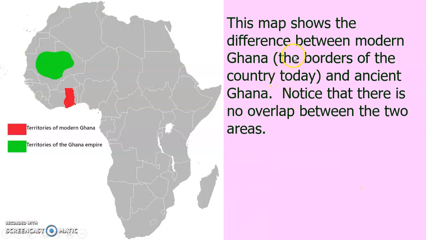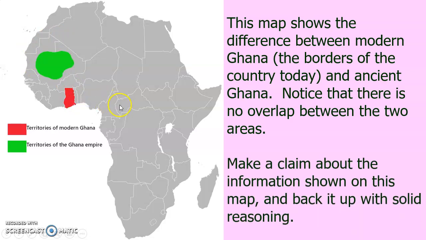Our third map shows the difference between modern Ghana, the borders of the country today, and ancient Ghana. Notice that there is no overlap between the two areas. Make a claim about the information shown on this map and back it up with solid reasoning.